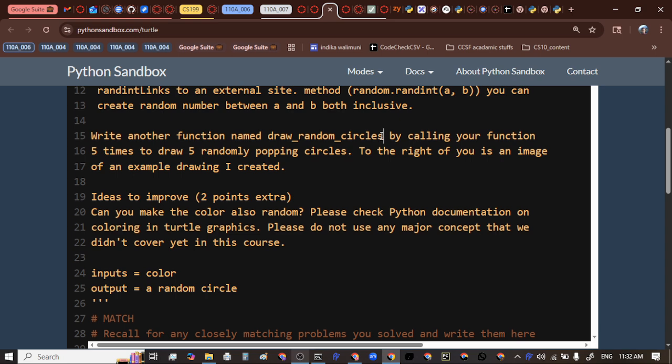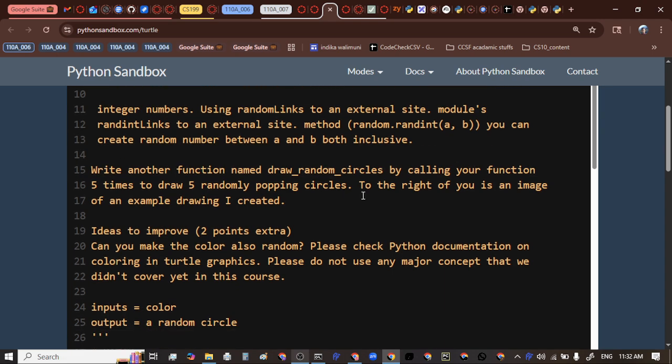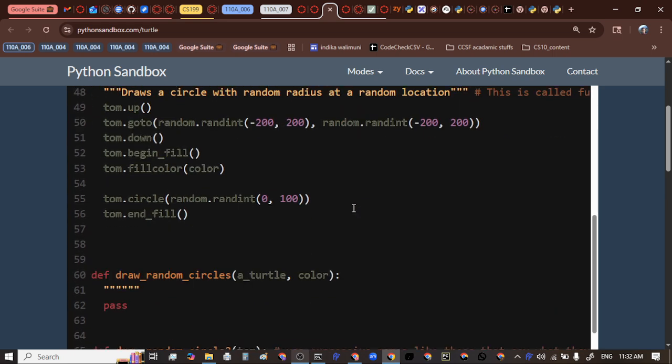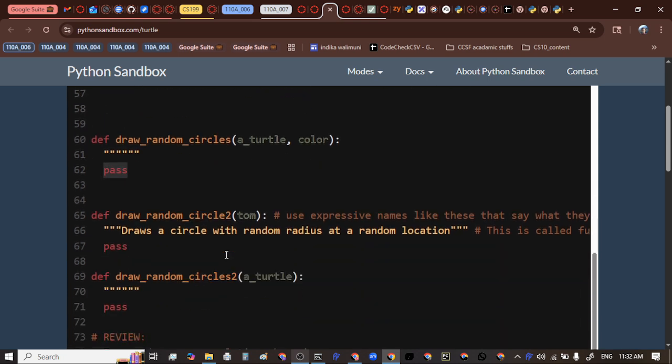Be really careful. See that it's plural, right? Circles, here it's circle. So another function, and we have to call it 5 times there, right? So basically, we create a new function, and then we call this function 5 times, right?